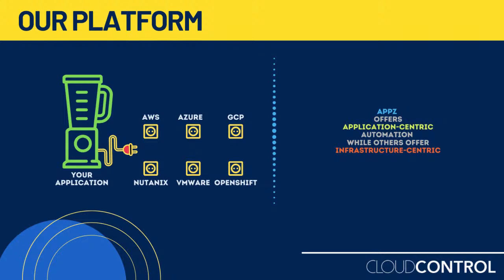Just because you have done AWS certification and have good knowledge, you may think that you may be able to operate Azure cloud. That is not the case. You have to learn Azure-specific language, Azure-specific terminology, Azure-specific interface to operate Azure. So we want to bridge the gap: whatever cloud you go to, we will give you an interface which is simple, easy to use, and it is GitOps ready.